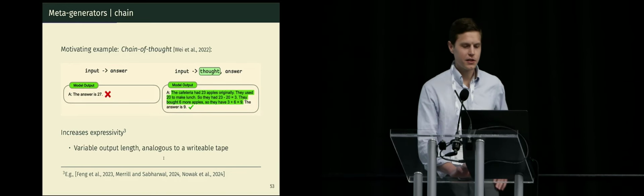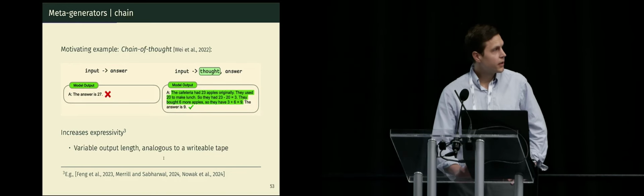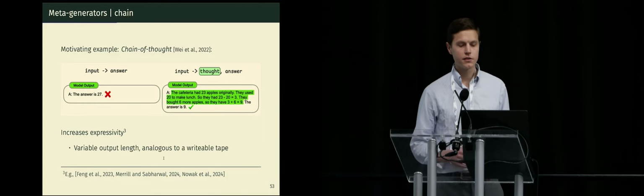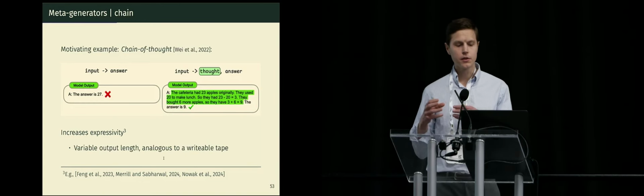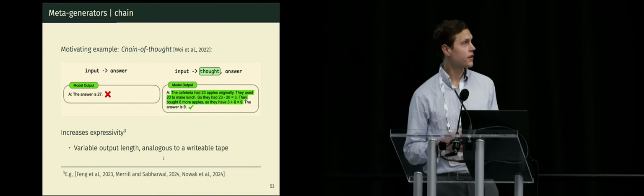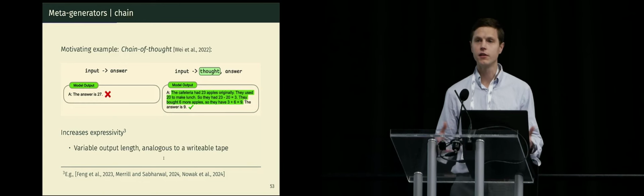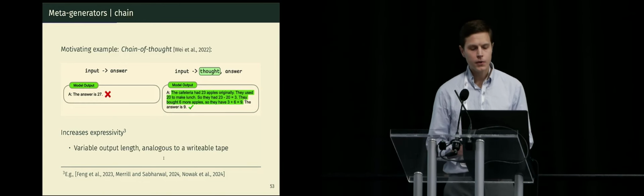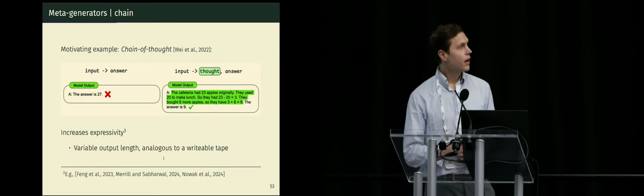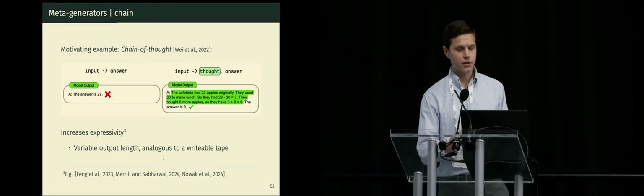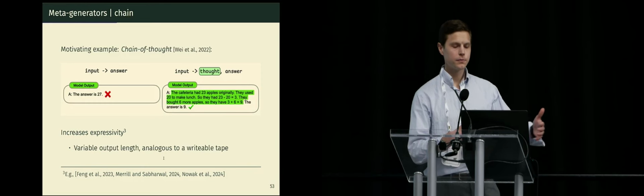And again, this might seem kind of simple, but there's been a lot of cool work since chain of thought came out, showing that at a pretty deep level, you can formally show that this increases the expressivity of the generation system. So some takeaway intuitions are that when you add in these thoughts, you now enable this output length that is variable.